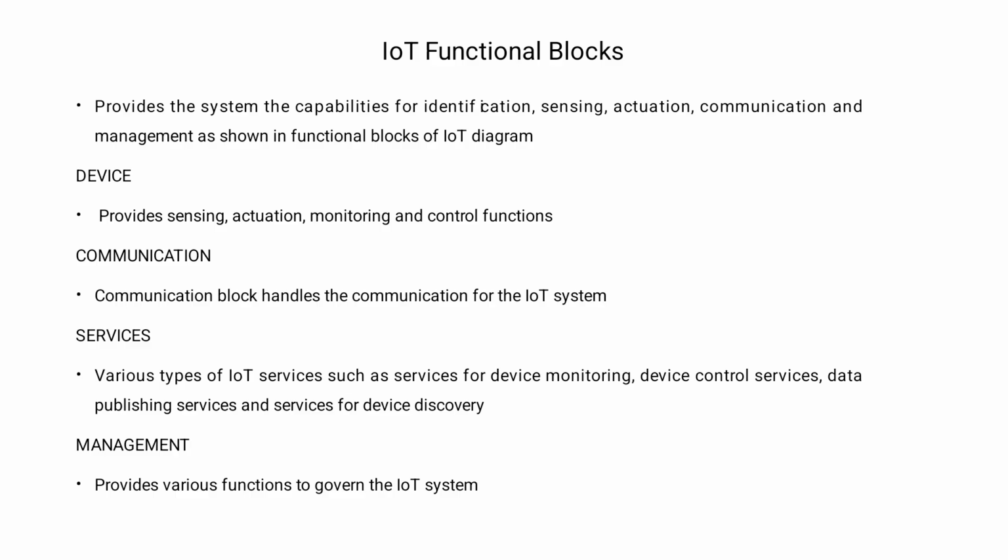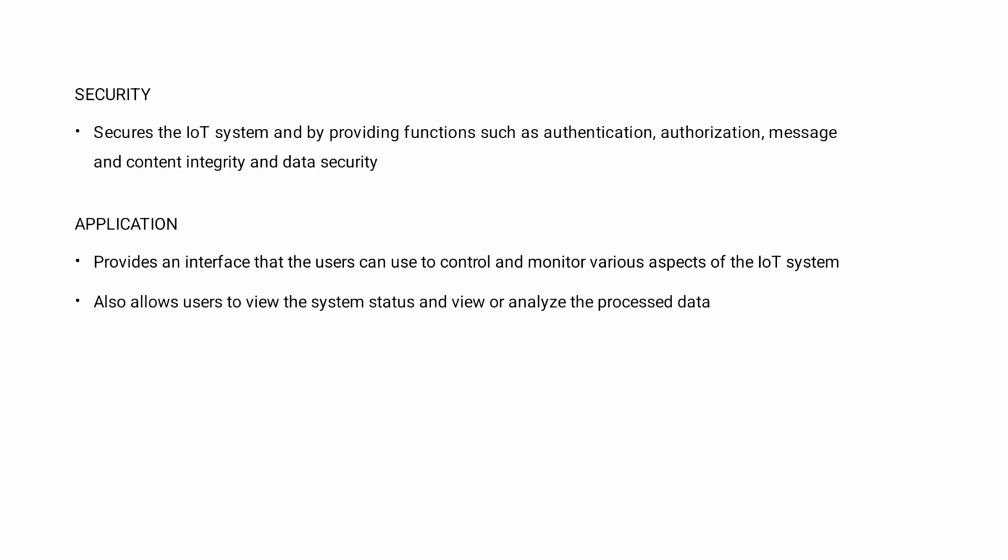Communication: the communication block handles the communication for the IoT system. Services: various types of IoT services such as services for device monitoring, device control services, data publishing services, and services for device discovery. Management: it provides various functions to govern the IoT system.